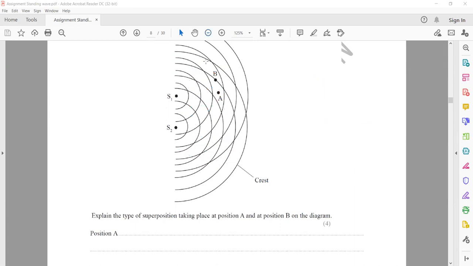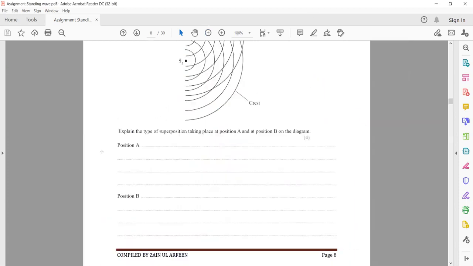The type of interference for position A and for position B. For position A, it will be a constructive interference, and for position B, it will be a destructive interference.